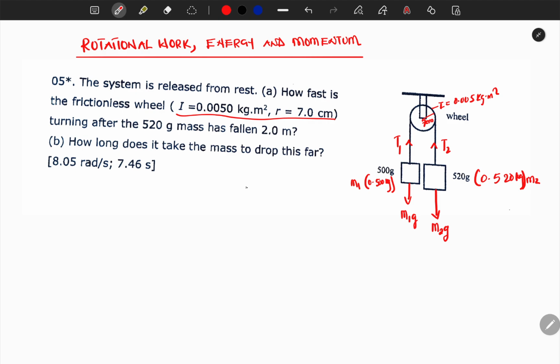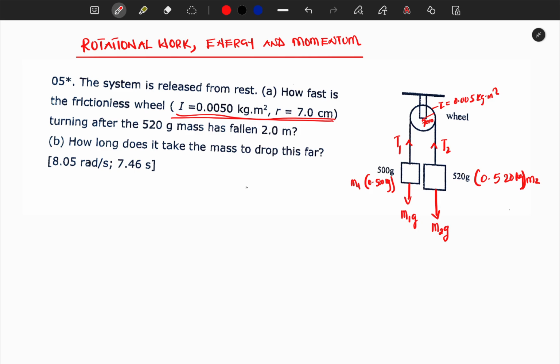For the wheel, being given this information, we need to apply the issue of torque. I don't know if you remember torque, but it has something to do with work, energy and momentum.